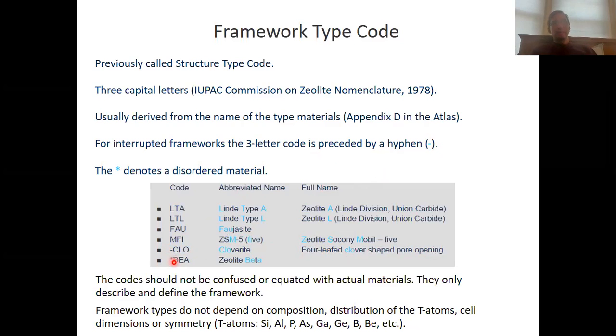As a last example, we have *BEA. BEA stands for zeolite beta. You see that the BEA symbol has a star in front of it, and that star indicates that you actually have a disordered material. Some crystallographic sites within that material are not exactly well defined, but you have a partially disordered structure, we should say.